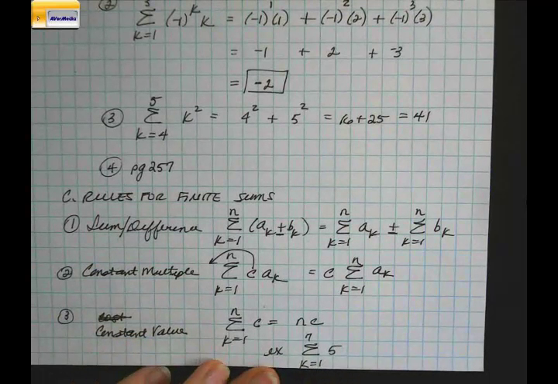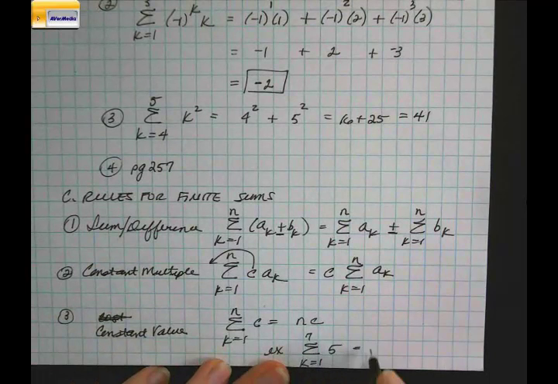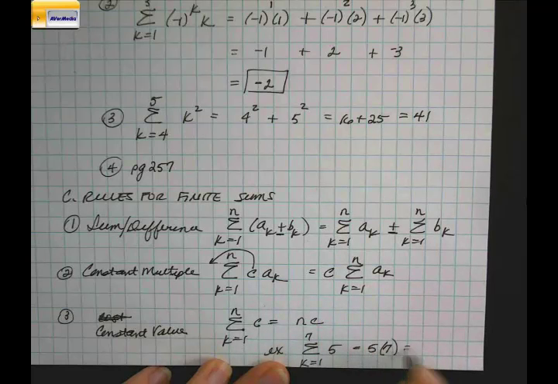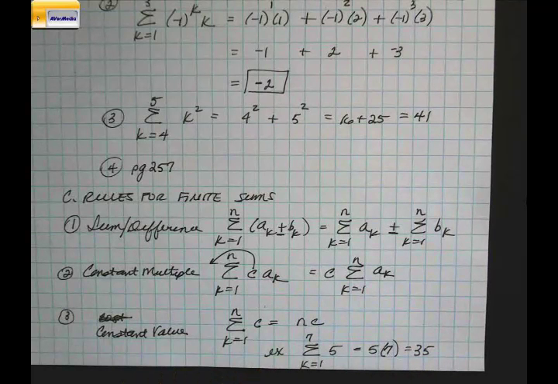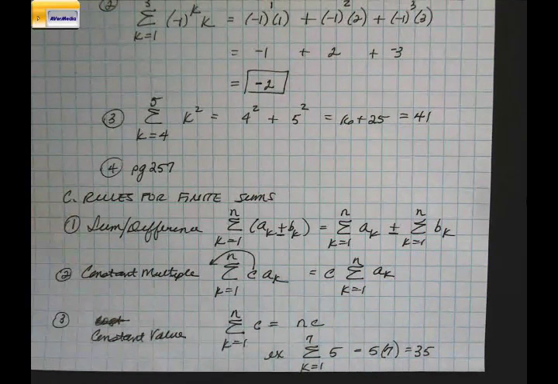So if you're trying to sum a constant, then this is going to equal 5 times this final ending index, which is 5 times 7, which is 35. So if it's just a number, you multiply it times that final index to get that result.